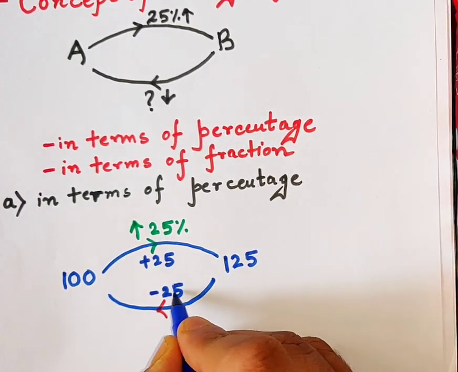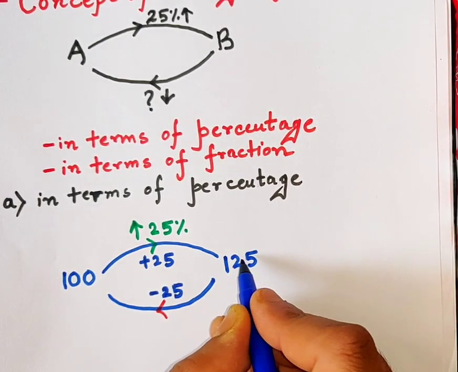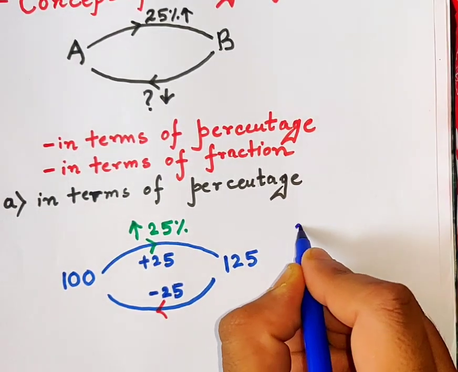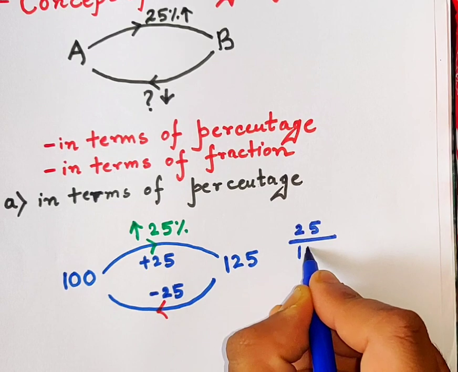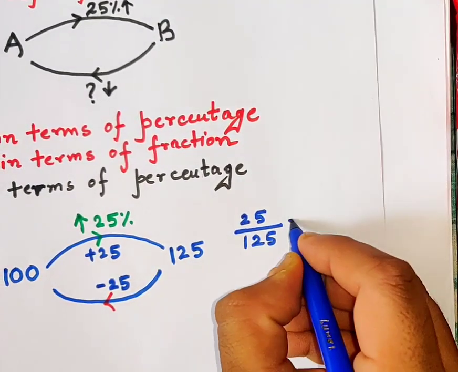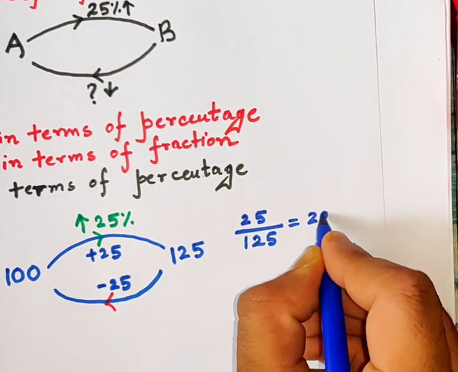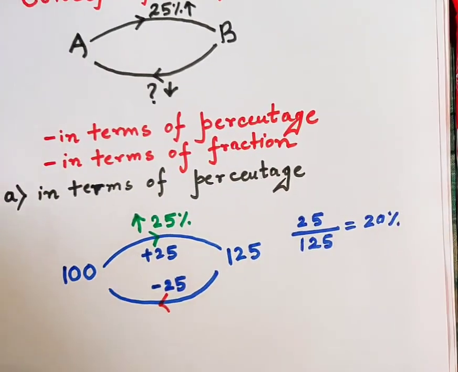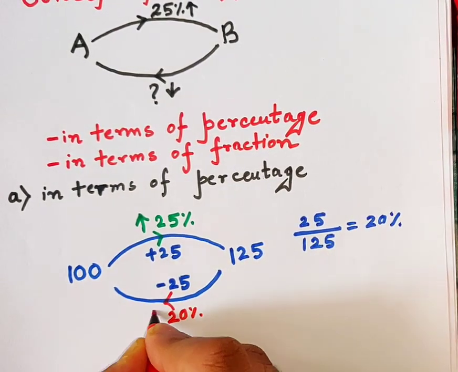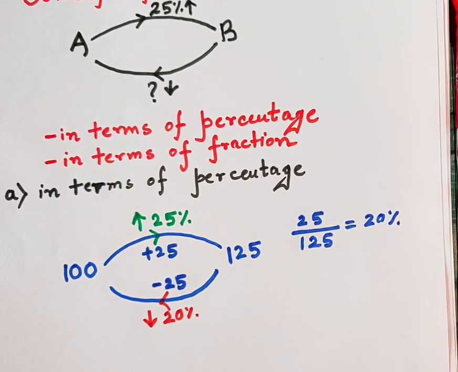But when you subtract 25 from 125, 25 is how much percentage of 125? 25 divided by 125 is 1 by 5. 1 by 5 you know is 20%. So you have seen that you need to reduce this by 20% to get back the initial value.